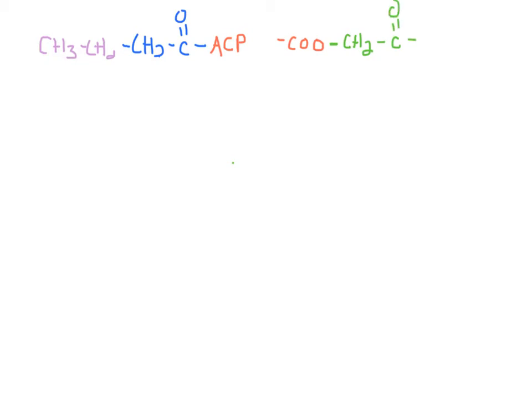And again, we'll put our ACP in orange. So the rest of the pathway really is exactly the same as previously. You have these two components coming together, and an ACP is kicked off, and a CO2 is kicked off.